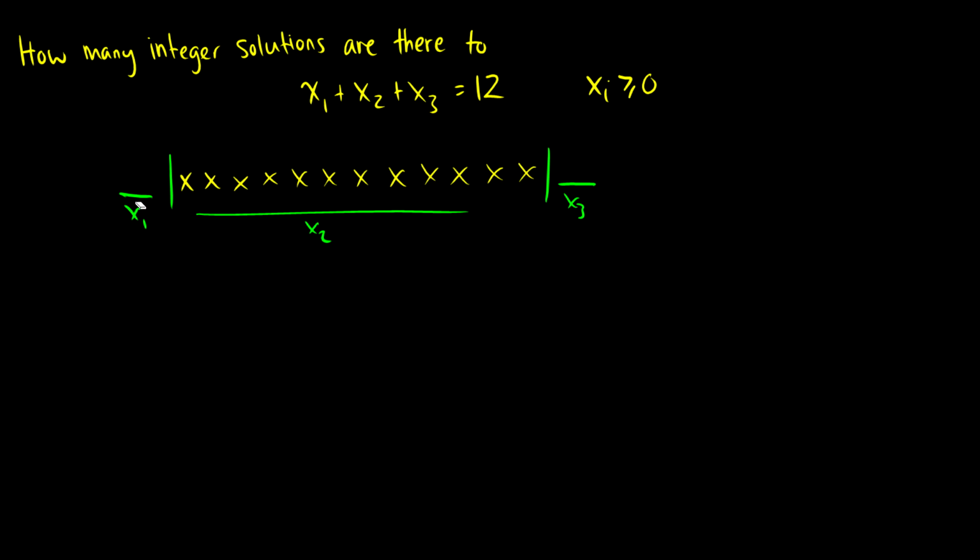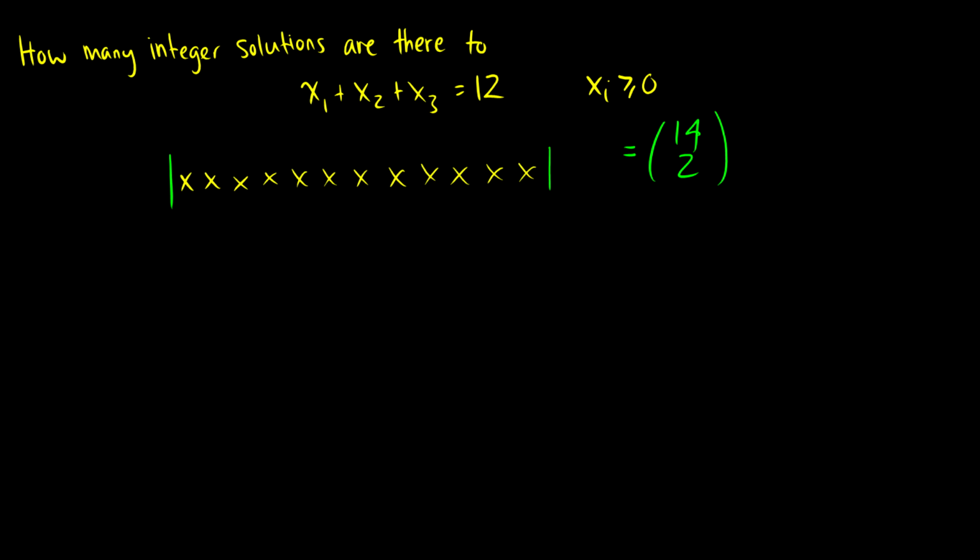So really what we're doing here is we're not choosing 12 objects. We're actually looking at 14 spots, and we're going to put a divider into 2 of them. So this is actually equal to 14 choose 12, or I should say 14 choose 2, because we have 14 spots, and we are putting in 2 dividers.